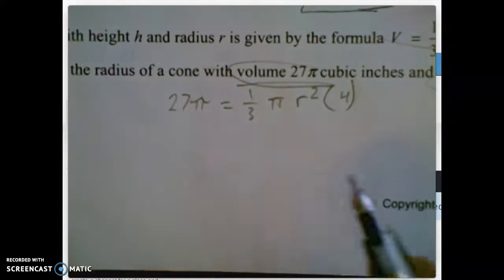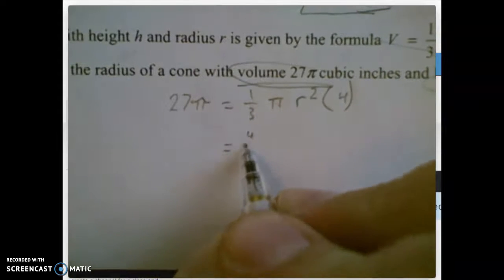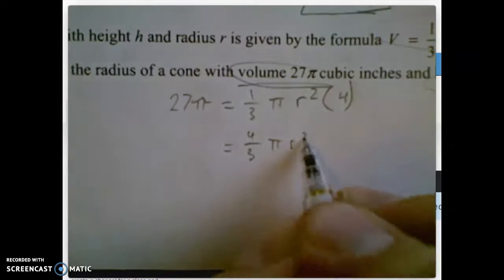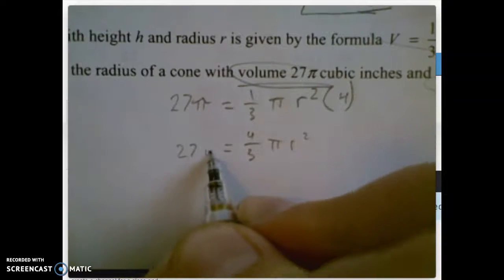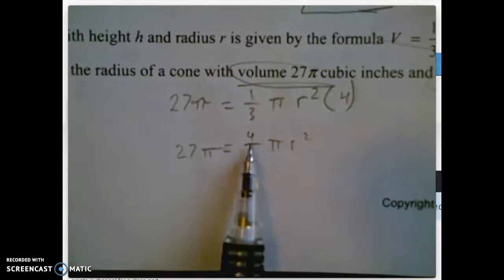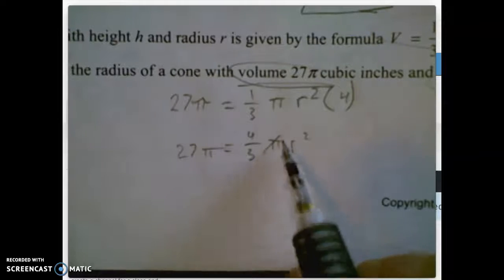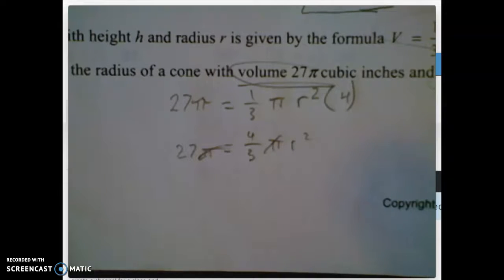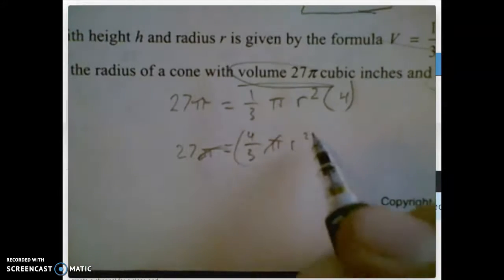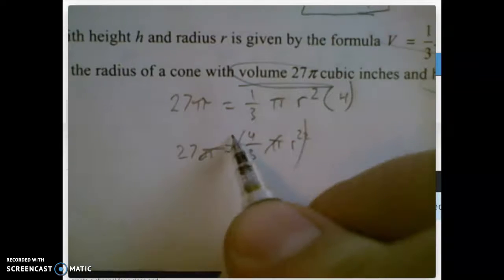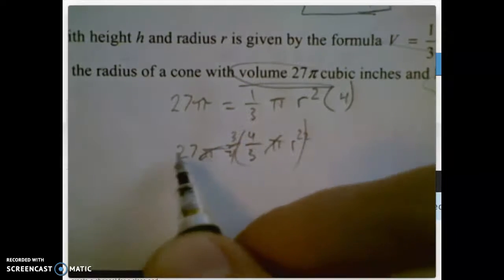I'm going to combine the 1/3 and the 4, and it's going to be 4/3 pi r squared. So we need to get rid of 4/3 and pi. If I have a pi on each side and divide by pi, those are going to go away. Then I'm going to multiply by 3/4.